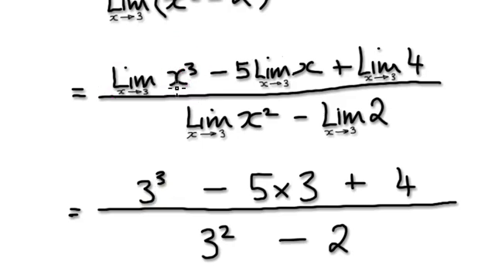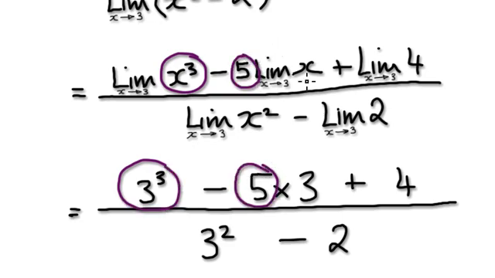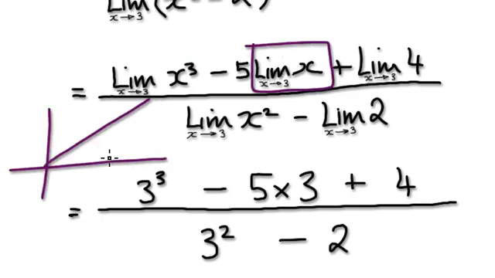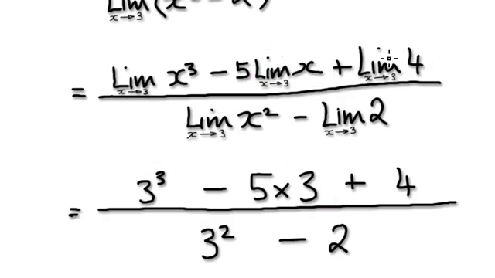So the limit of this becomes this, and this 5 is this 5, and I've worked out that the limit of x as x approaches 3 is 3. This is like having this graph, and as x approaches 3, 3 is here, so it's going to be like this. So this bit becomes this 3, and then the limit of 4.